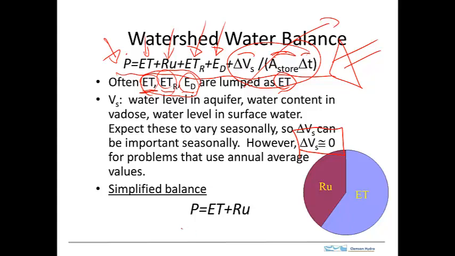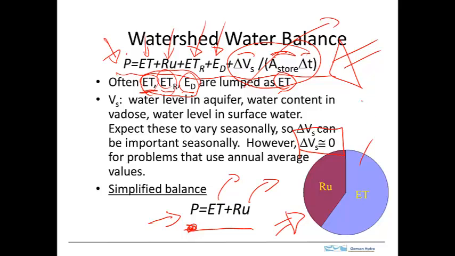And what we end up with is this simplified balance: the precipitation in is equal to the ET coming out plus the surface water runoff. And indeed, this was the balance that we applied to the continents in a previous slide. And in general, this is the pie. So if precipitation is all the water coming in, then on average, remember the global average was 61%.